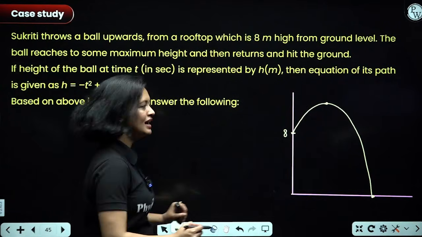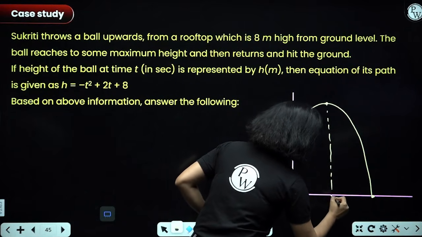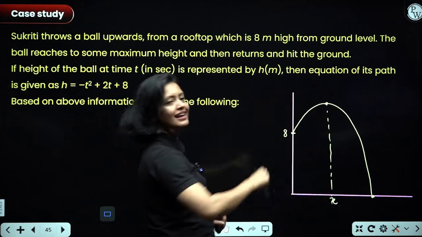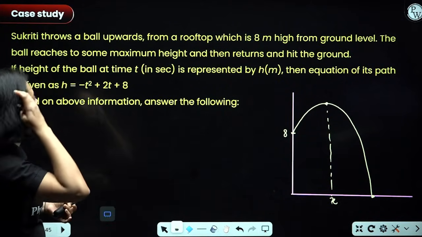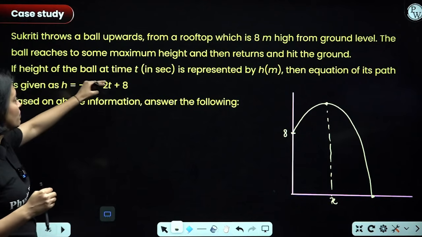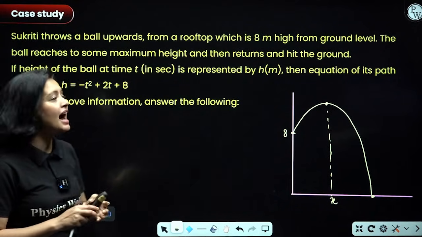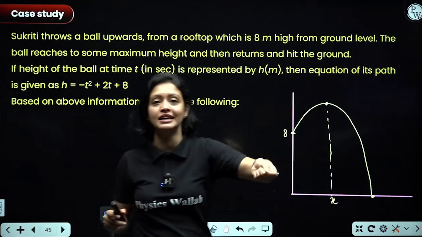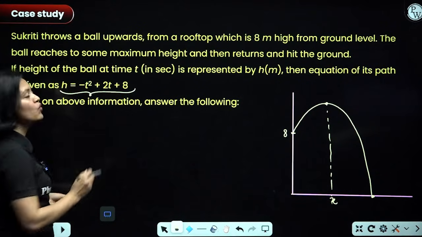So this is x. At x, the ball is reaching its maximum height. Now, the height of the ball at time t in seconds is represented by h meters, by this quadratic polynomial.